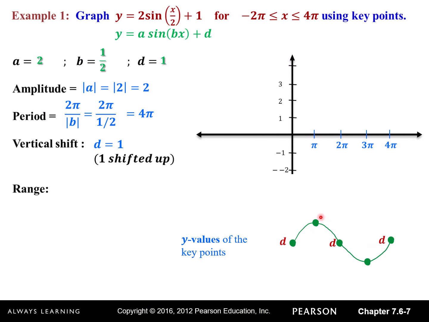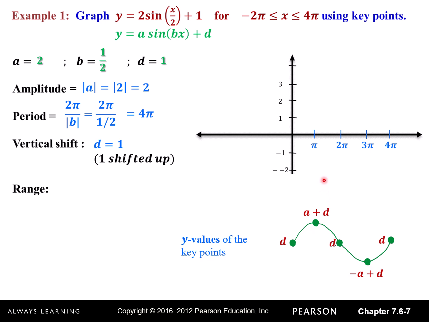For the maximum points, the formula is a plus d, and for the minimum points, the formula is negative a plus d. So the only difference is the sign of a. For the maximum, it's positive a. For the minimum, it's minus a. The middle stays the same. You will add d to a and to minus a. So these are the y values of the key points.